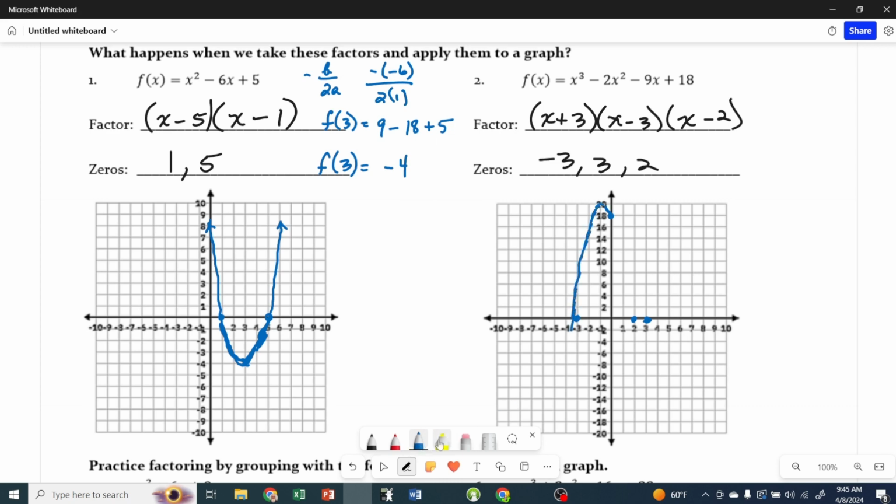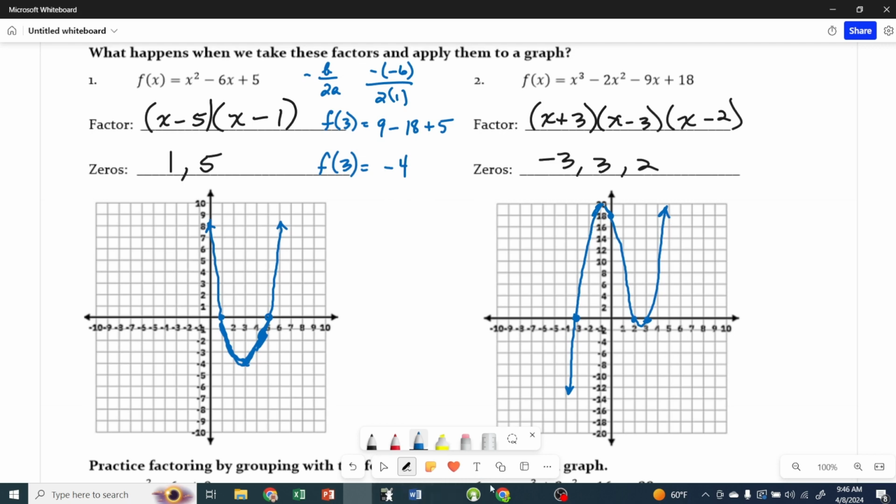And, oh boy, that's a mess. All right, so there's this. And this comes down like this, and it comes back up like this. Okay.